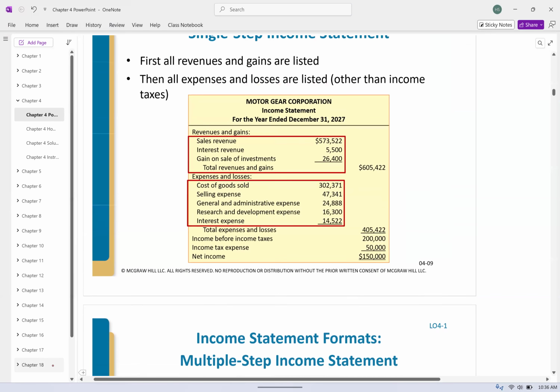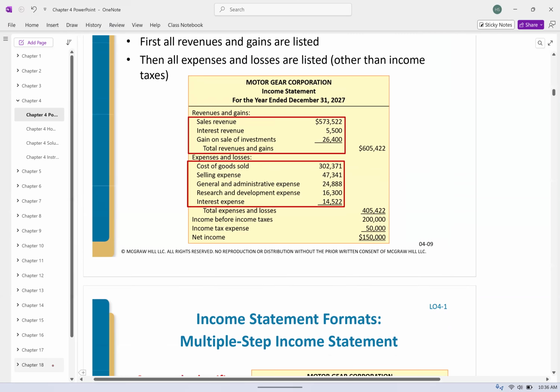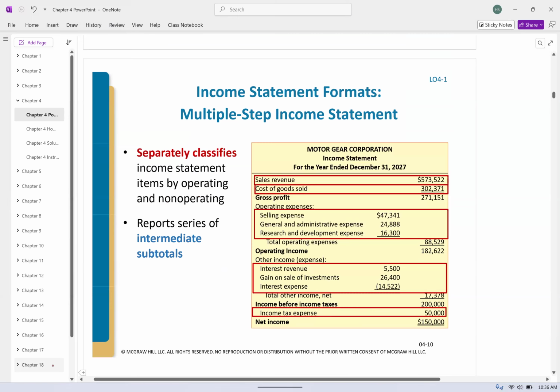Yes, they do. So here's single step, really easy, just all the revenues, all the expenses. So therefore, we're probably not going to do it that much. Here they give us the multi-step income statement with the exact same data.